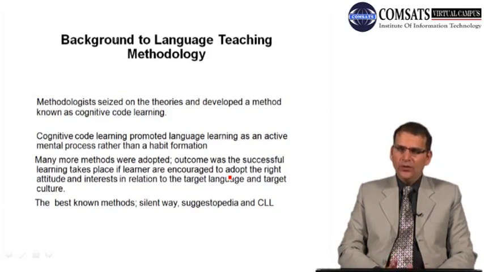Cognitive code learning, what is it? Cognitive code learning promoted language learning as an active mental process rather than a habit formation. So this cognitive code learning talks about language learning being a mental process. It's a thought process. It is not a habit formation. It is a rule formation.